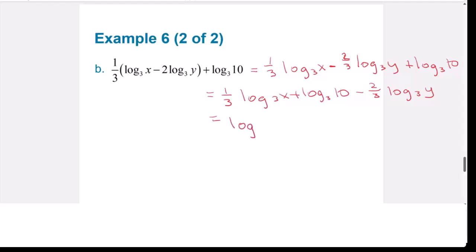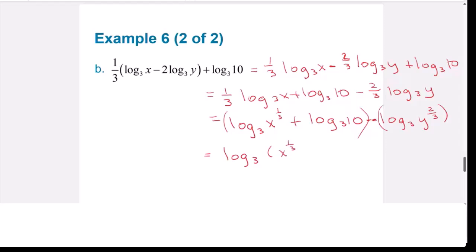This is equal to the log base 3 of x to the 1/3 power plus the log base 3 of 10 minus the log base 3 of y to the 2/3 power. Now, this is my numerator and this is my denominator. This becomes the log base 3 of x to the 1/3 times 10 minus log base 3 of y to the 2/3.